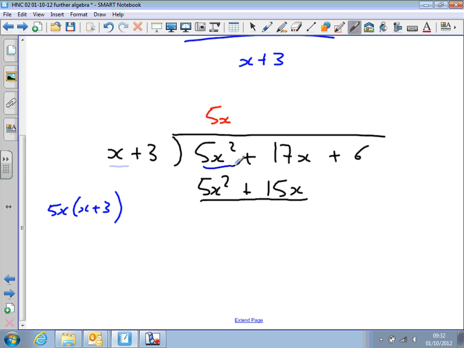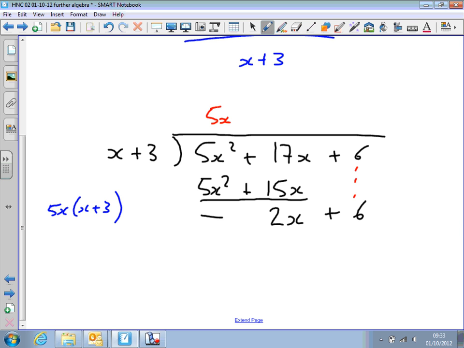And you notice at that point, to do the remainder, I subtract them, 5x squared minus 5x squared disappears. And that must happen. That bit goes. If it doesn't, you've gone wrong. Okay? So then I work out what's left from the rest of it. 17x minus 15x is 2x. Now I bring down the next number, plus 6.